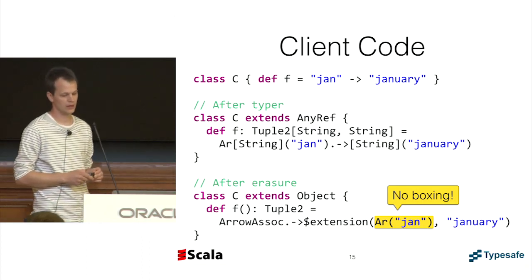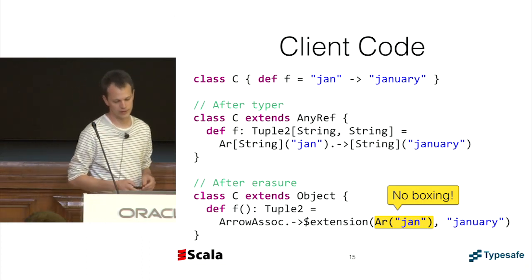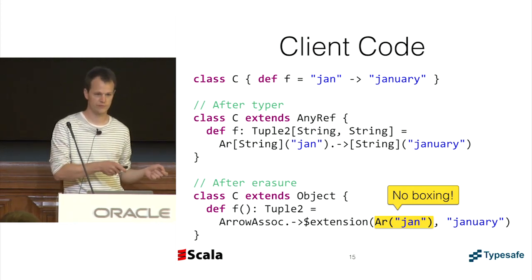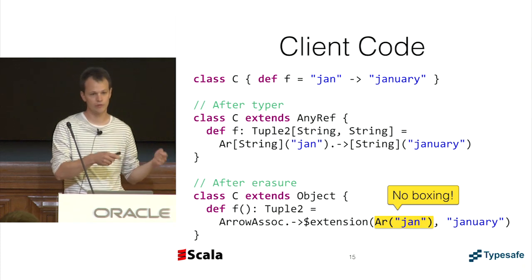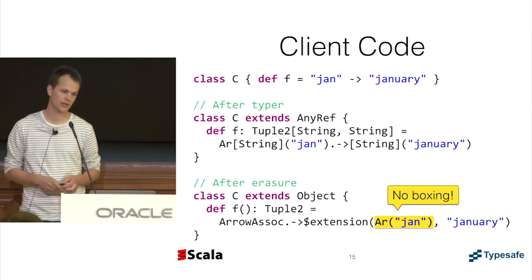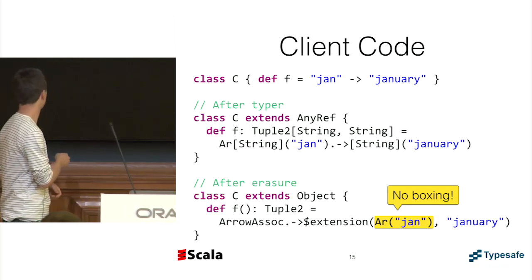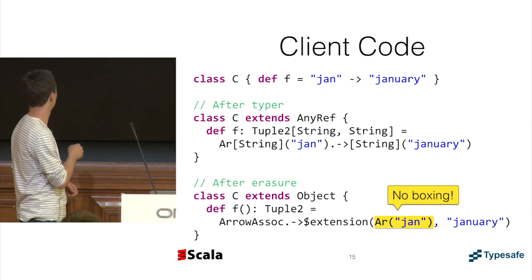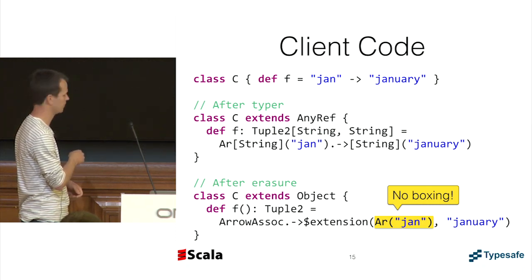namely, whenever the erasure phase sees a method invocation where the receiver is a value class, it will rewrite the method to call the extension method that was generated in this companion object. So basically, it knows that this arrow method is implemented in the companion object.